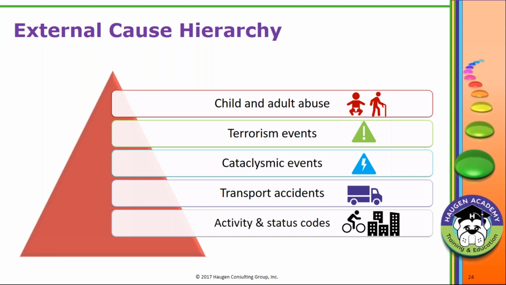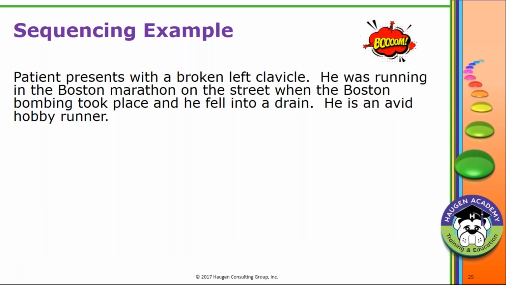I'm sure that this hierarchy is being used quite a bit in Texas and in Florida with the recent hurricanes. The transport accidents come after that, and then finally your activity and status codes. And this really is referring to sequencing.